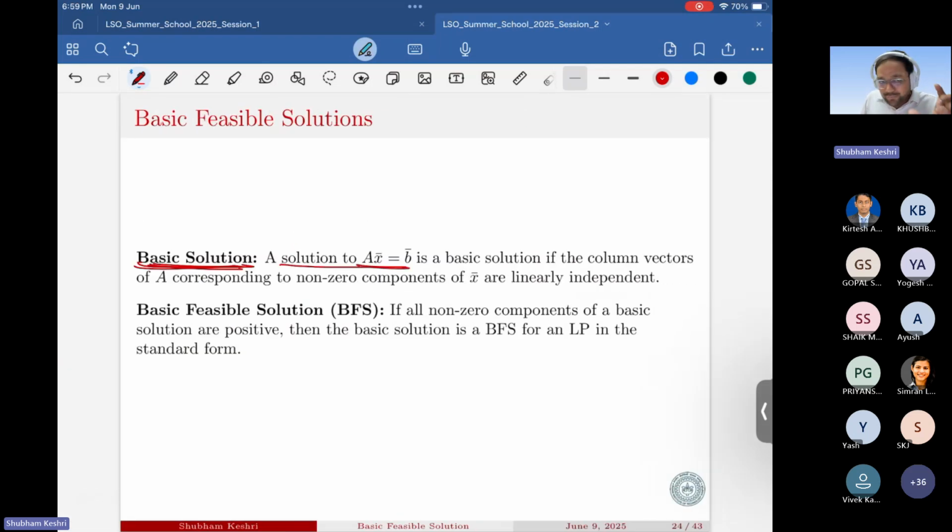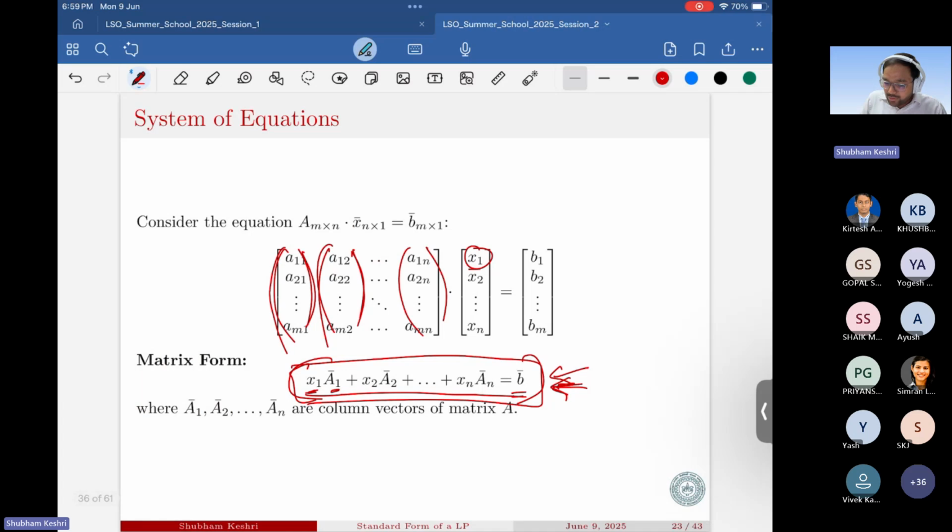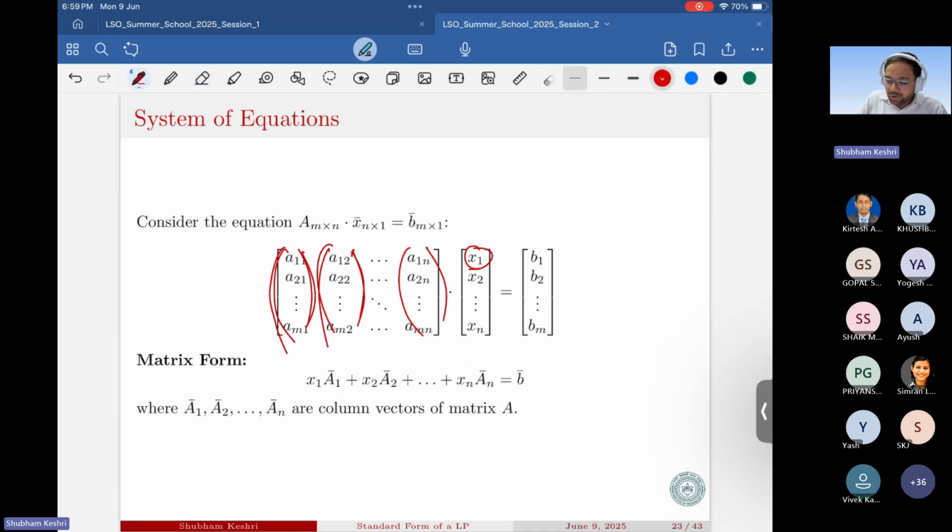A solution of this is a basic solution if the column vectors of A corresponding to non-zero components of x bar are linearly independent. There are many terminologies here, but just understand it like this. You are solving these equations for x1, x2, and so on up to xn. When you have solved this equation, you have a solution.